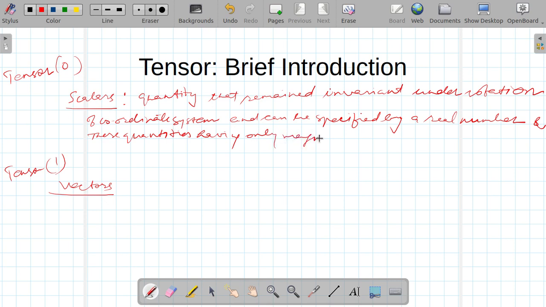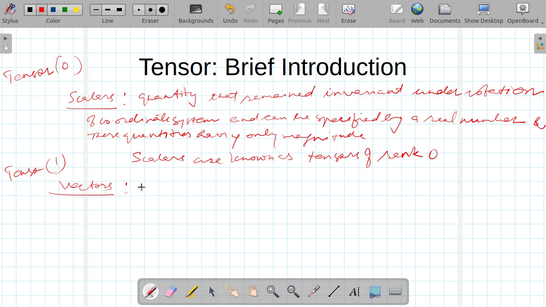Only magnitude. And scalars are known as tensors of rank 0. Right?